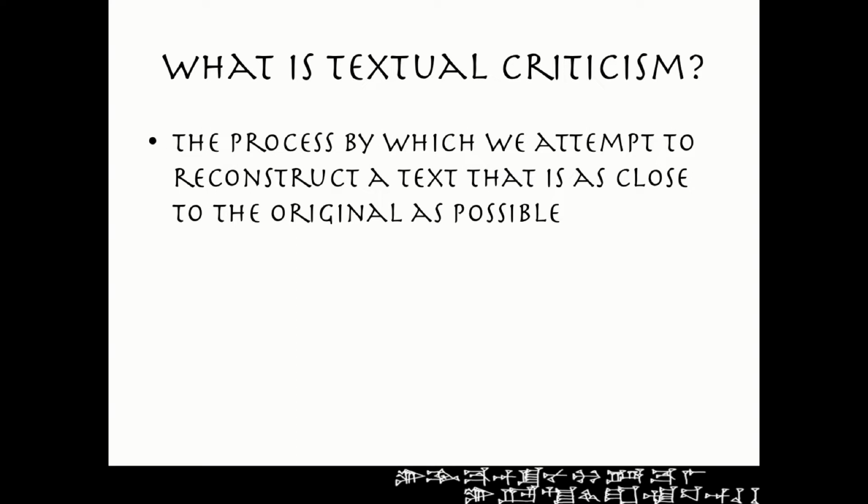And, of course, not all textual criticism is the same. If you're looking at, for example, Sumerian textual criticism, you have a different set of objectives and tools that you're utilizing, so it's not going to look the same. But here, that's what we're focusing on. Here is the biblical text and how we get back to the autograph as much as possible.